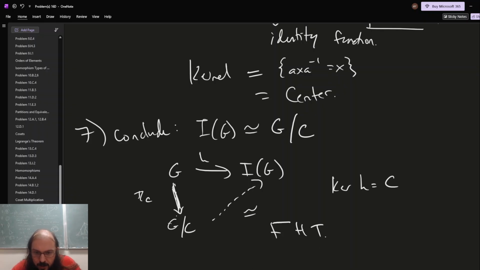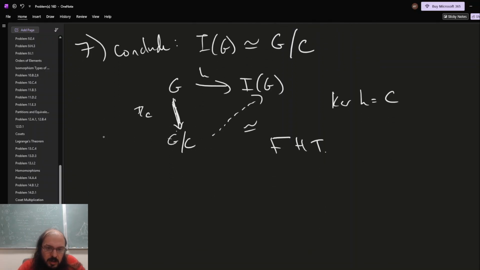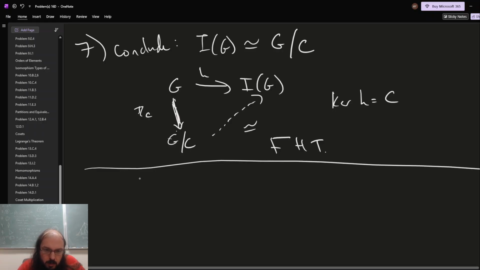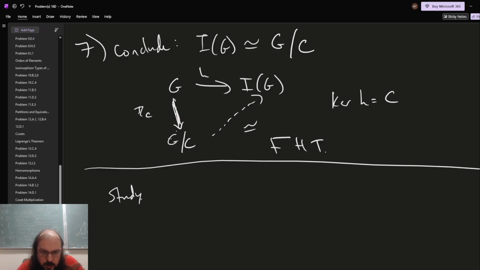Okay, like I said, I've been talking a little bit longer than usual, about 15 minutes now. I want to make one more remark that's not in the problem, but it feels generally important. When you are studying a group, studying automorphisms is a pretty reasonable thing to do because it tells you how canonical your calculation is.